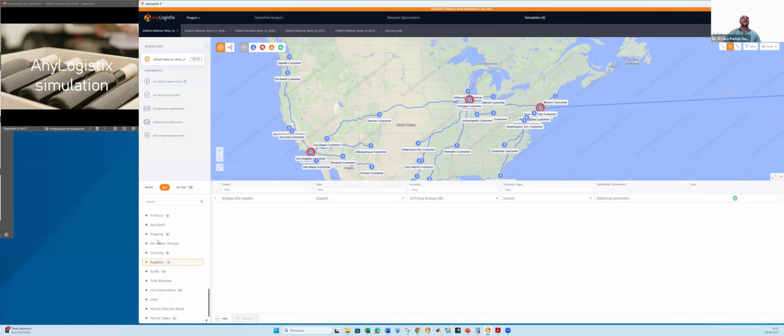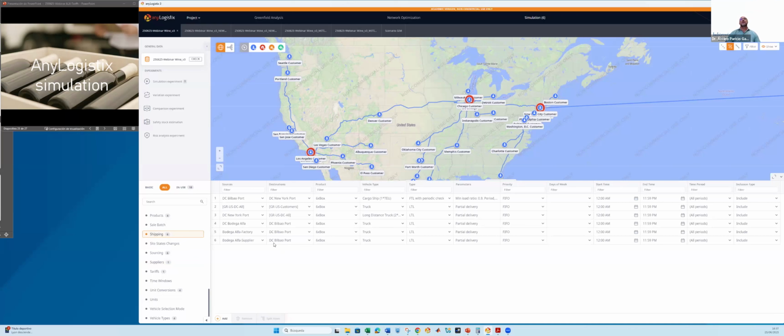And finally, I need to describe the shipping rules. You can define paths using different transport, and I just use one simple transport for each path, but I need to say which are the shipping rules and the shipping policies.